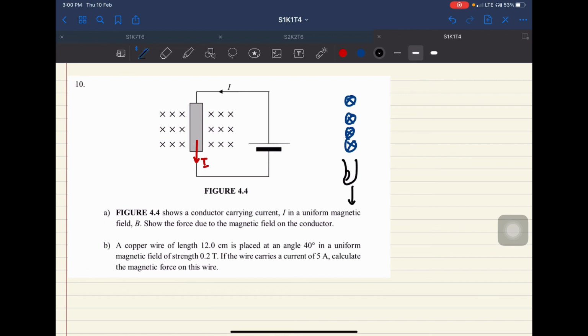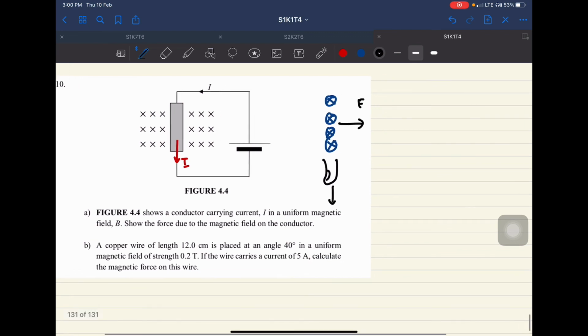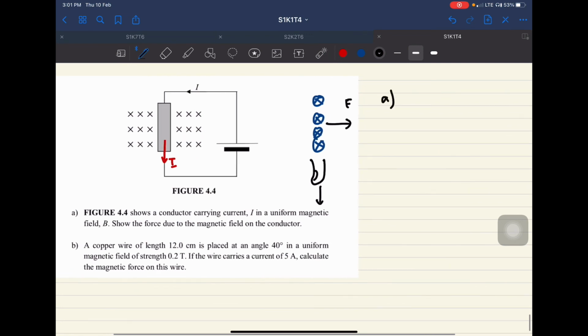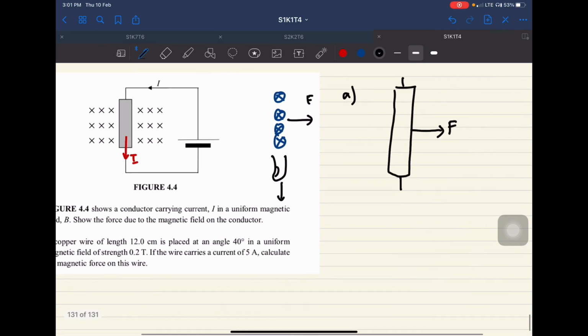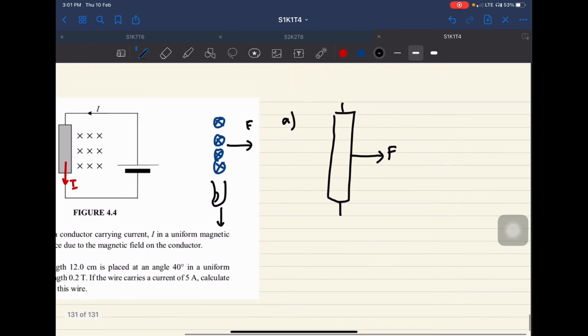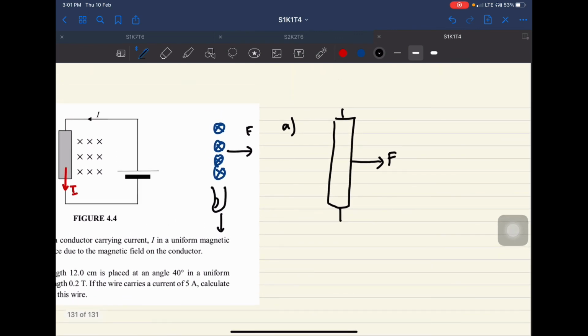So your force will be to the right. They ask you to show, so maybe you can redraw the conductor itself. The force is to the right. Just to be sure, maybe you can write it down as well: force to the right.